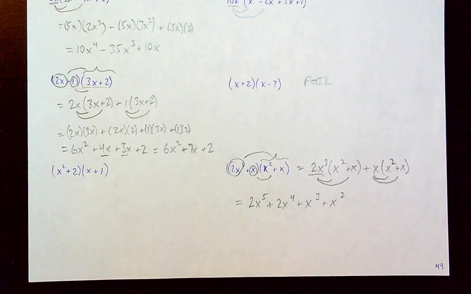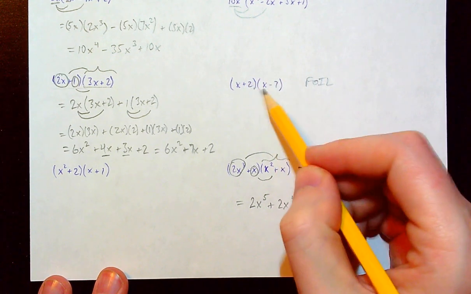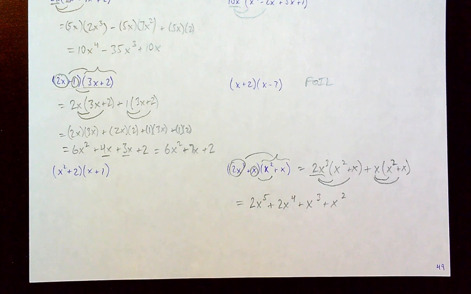You know, first, outside, inside, last. And you may be thinking, okay, well, why didn't you just say FOIL? Well, there's a reason why, and it's because FOIL only works when you're multiplying two binomials.